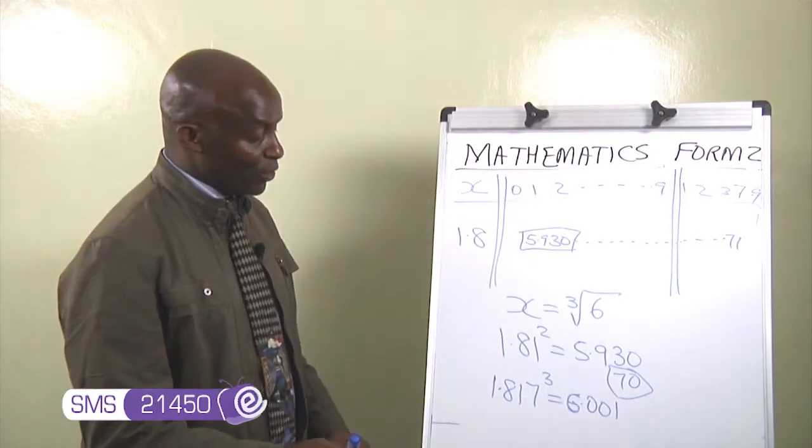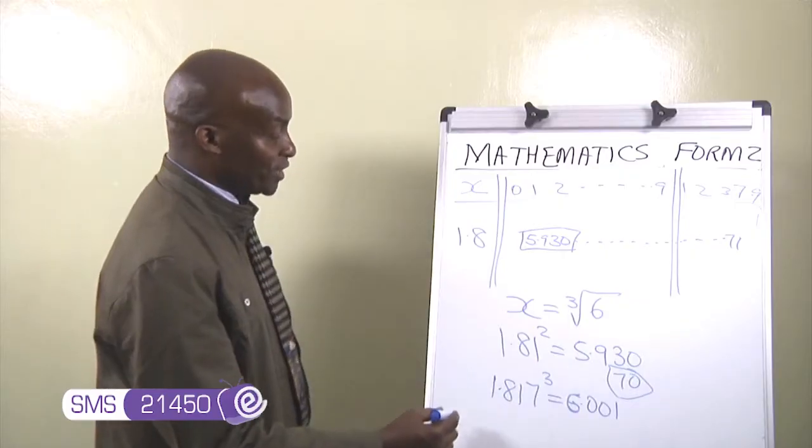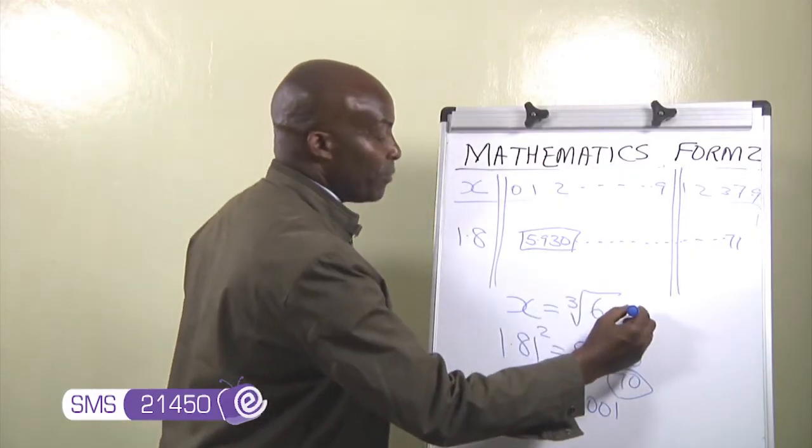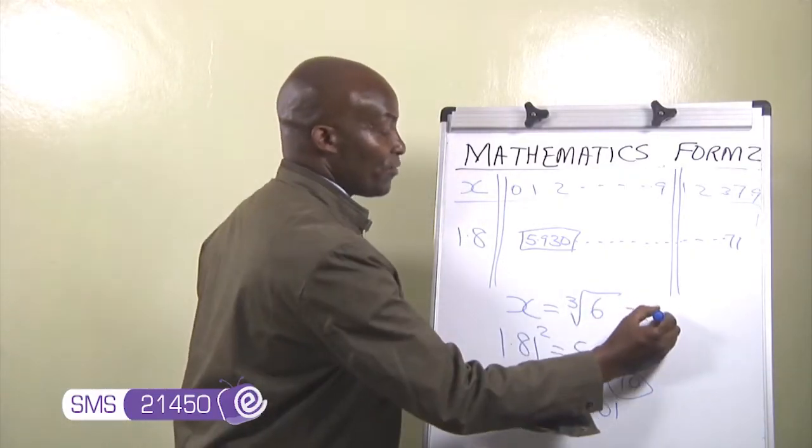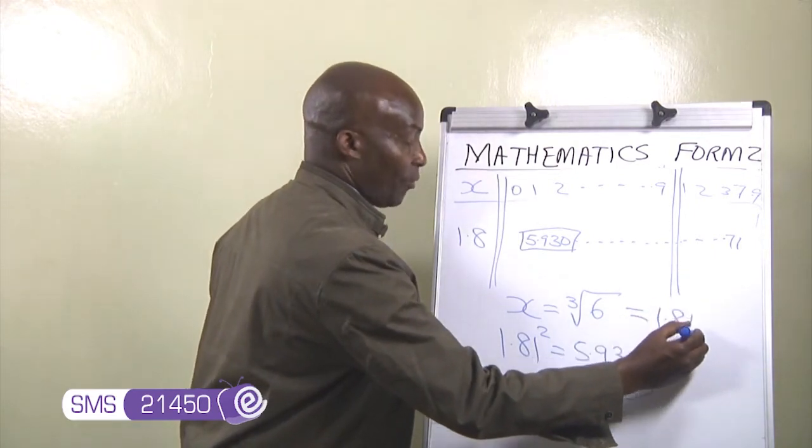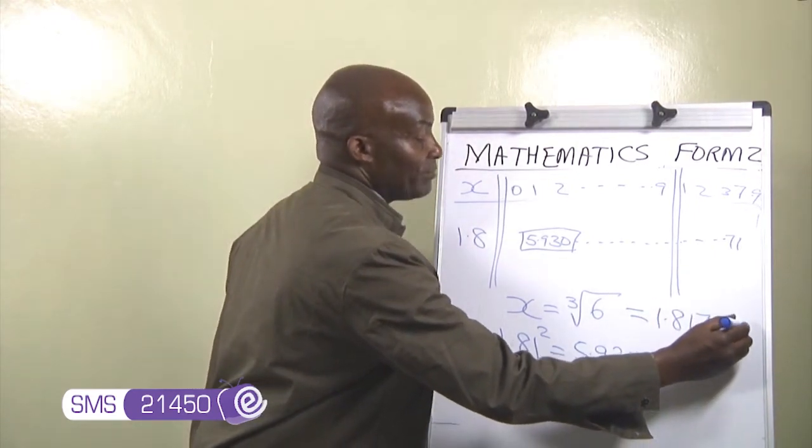So to a very close approximation, we can say that the length of the cube will be equal to 1.817 centimeters.